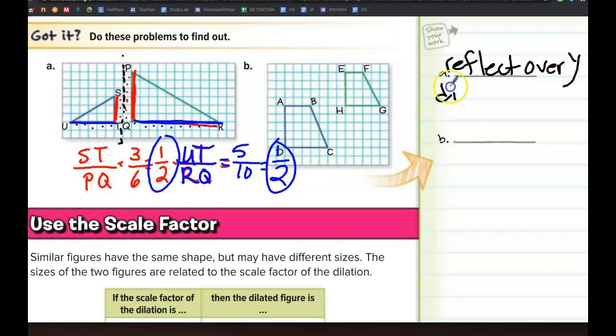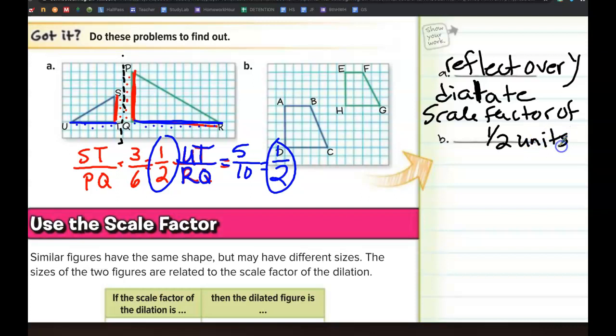Then we're going to dilate. Can't write and talk at the same time. Using a scale factor of what? If I would have gone big to small, what would my scale factor have been? Instead of 1/2, it would have been 2 over 1, which simplifies to 2. So you could have done the same thing, just use the scale factor of 2. Just so you see that.